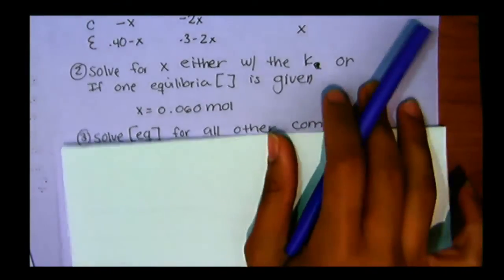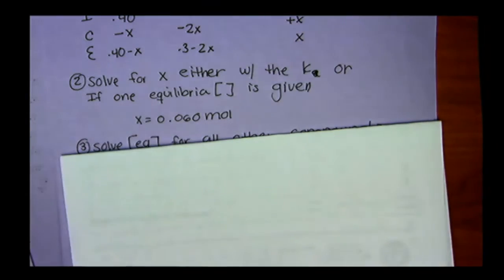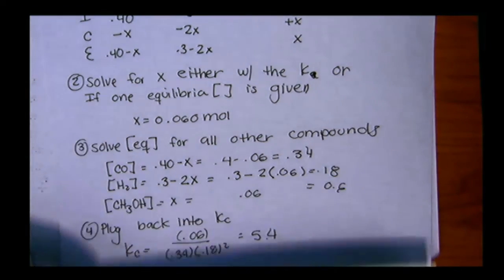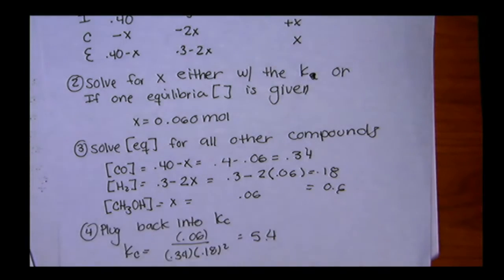I would just do small. The best way that I always tell people to neglect X is to look at your KSP, because your KSP is basically telling you how forward this reaction is going. If you're making a lot of the products and you're going very forward, you're going to have a really big KSP. If your reaction is barely proceeding and you're making no products, then you're going to have a really small KSP.